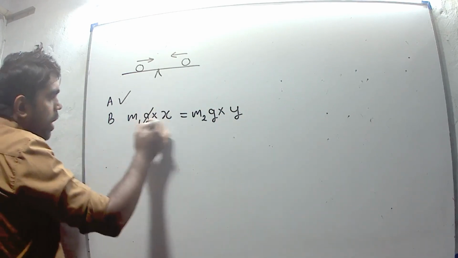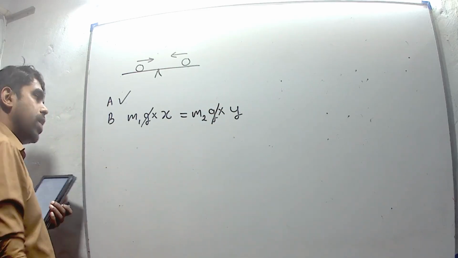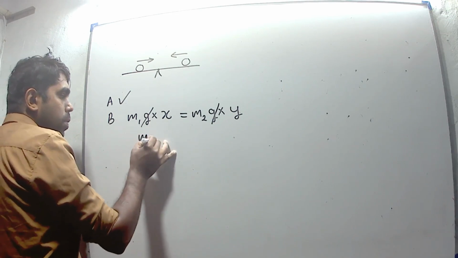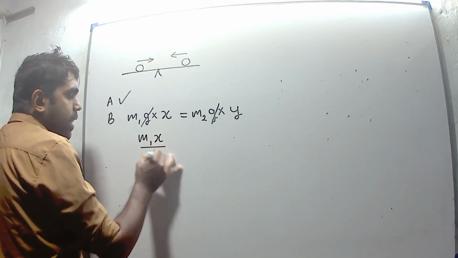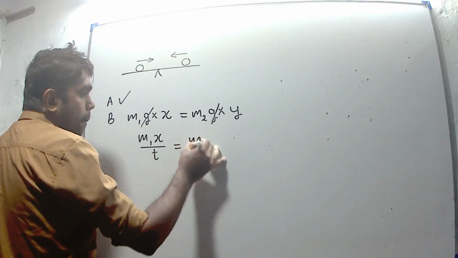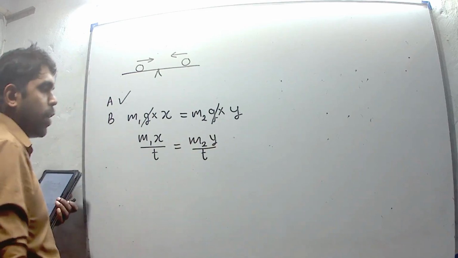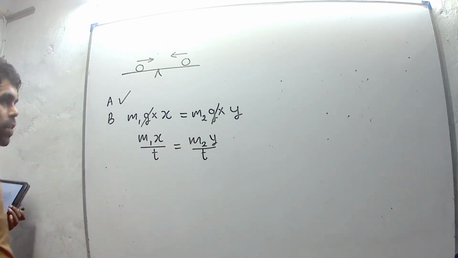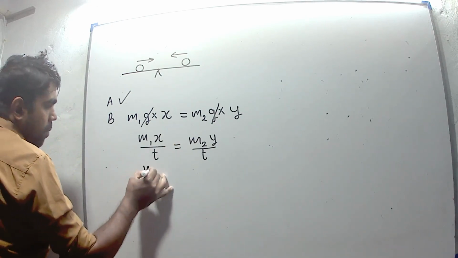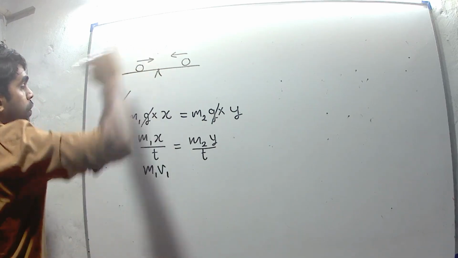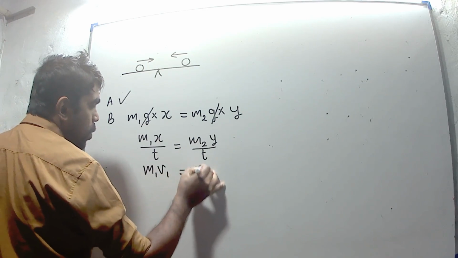We can cancel out the G term and we can divide both terms by time. Then we know that distance over time is velocity. M1 V1, I will consider V1 as the velocity of this child, should be equal to M2 V2.